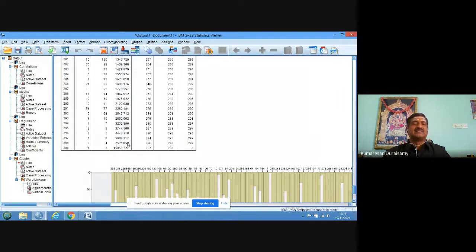See the difference between these two stages: here it is 15,000, here it is 7,000, so the difference is approximately 8,000. Then 298 is 7,525, and 297 is 5,684, so the difference is approximately 2,000. Then between 297 and 296, the difference is approximately 1,000.